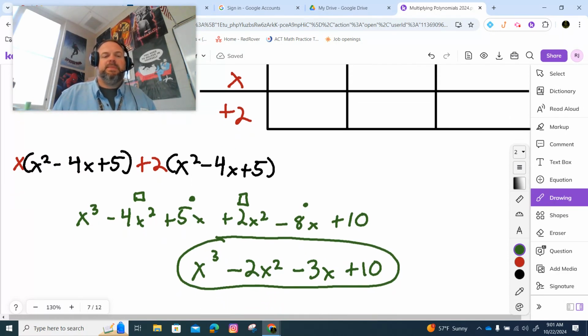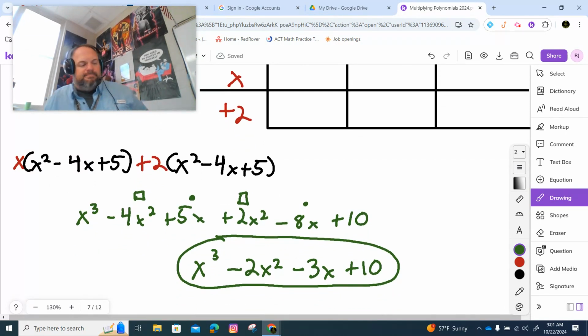So again, what's in green are your terms.